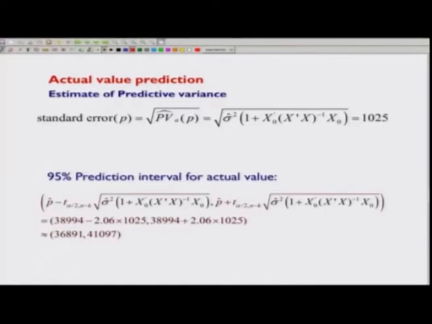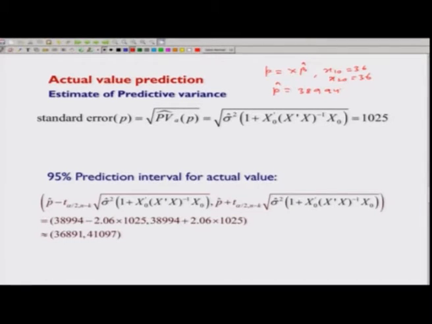Now we come to the aspect of actual value. You may recall that we had used the same predictor y equal to x beta hat for predicting the average value as well as the actual value. So when x1 naught is given as 36 and x2 naught is given as 36, the predicted value again turns out to be the same, 38994, as in the case of average value prediction.